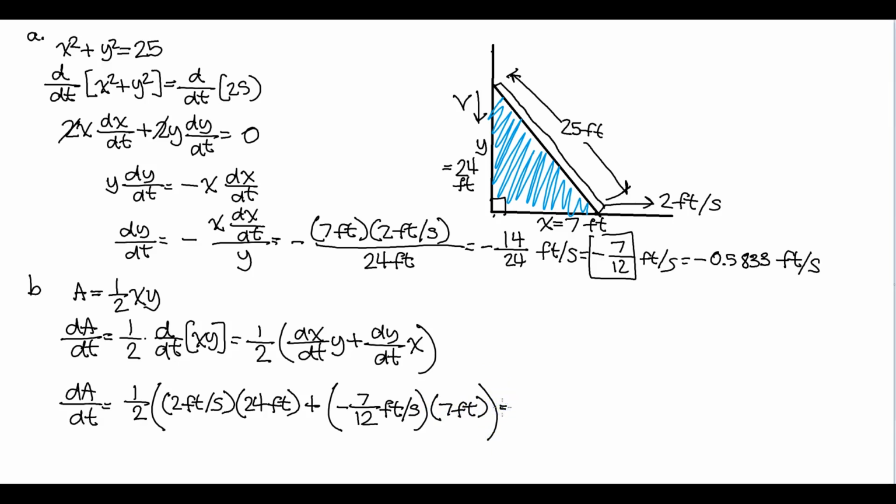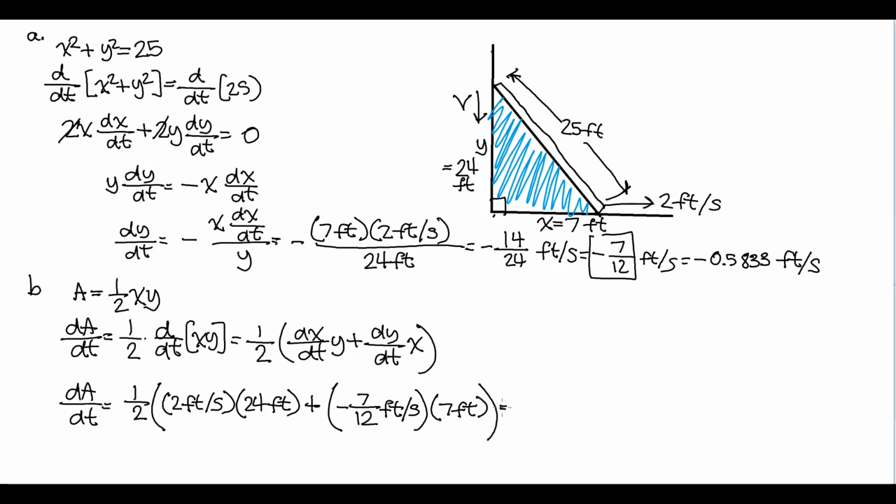And if we plug into our calculator, that gets us 2 times 24 plus 7 over 12 times 7. Don't forget the negative.